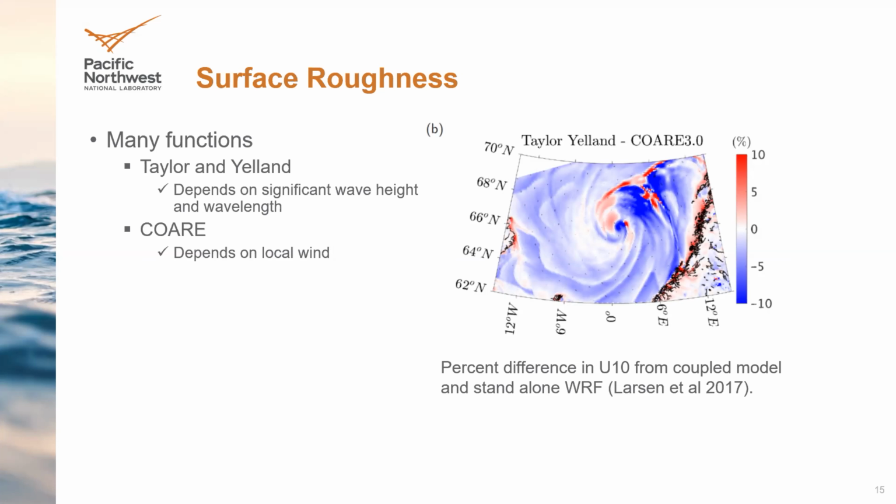And since waves are a non-local property, it looks quite different from your core algorithm, which estimates your roughness based on the local winds. So that might, under certain scenarios, give you differences of over 10% in your 10-meter winds.